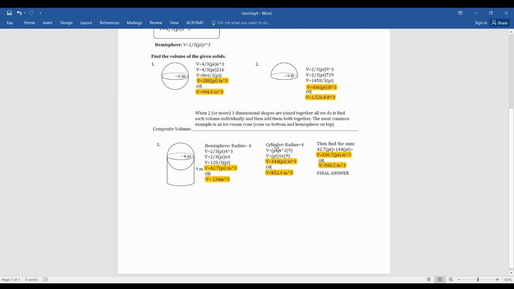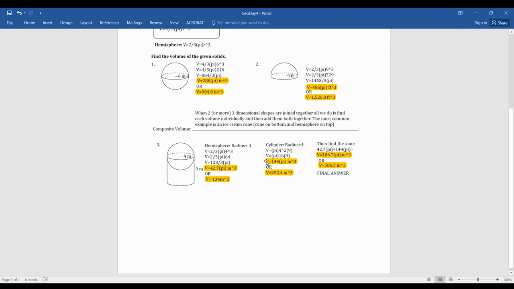Then you take the cylinder, again, which has the same 4-meter radius. So I plug that into my cylinder equation, which again is volume equals pi r squared times height, excuse me. So I put volume equals pi radius of 4 squared, and my height was 9. So I plugged in the 9 here.